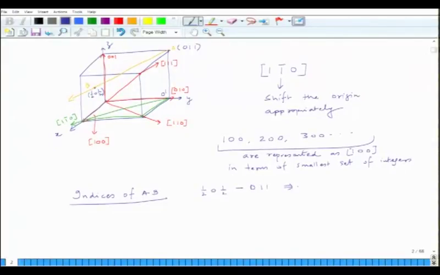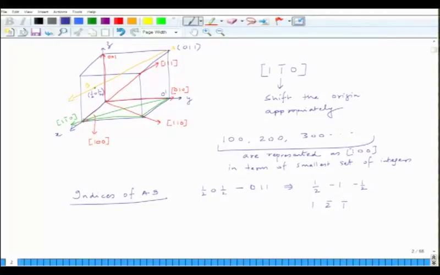So what do you get at the end? Half, minus 1, minus half. This is nothing but 1 bar 2 bar 1.